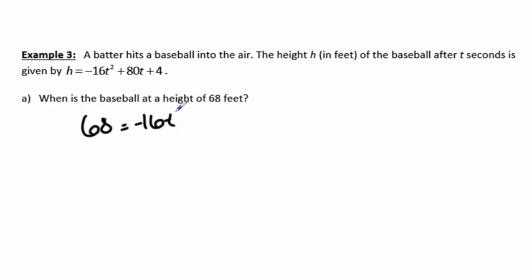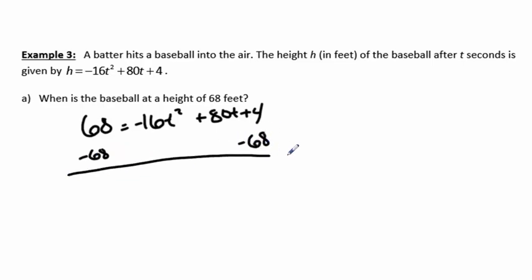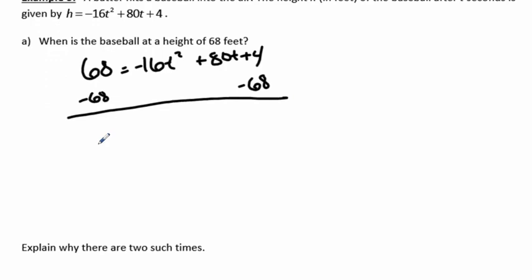So we're going to have to get this equal to 0 again. So our first step is going to be to subtract 68 from both sides. Anytime I have a quadratic equation that I need to solve, it needs to be equal to 0, so I can factor it. So 0 equals negative 16t squared plus 80t, and then minus 64.